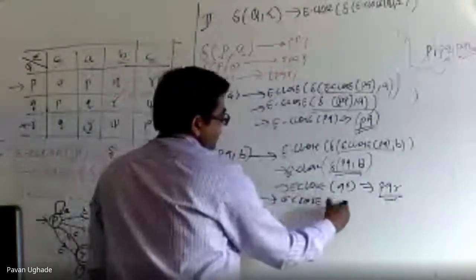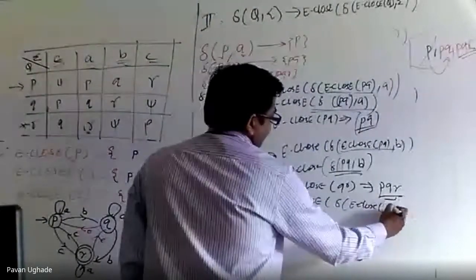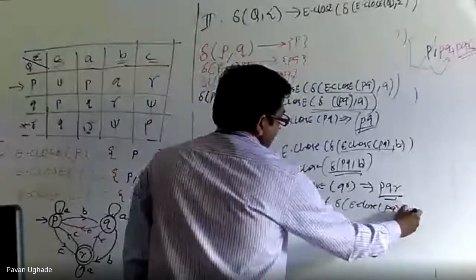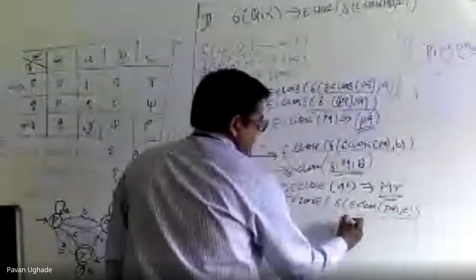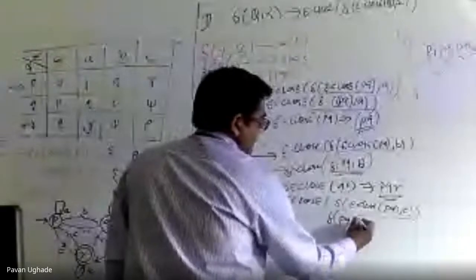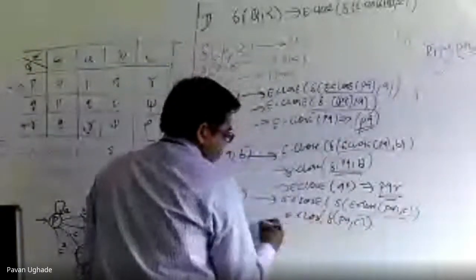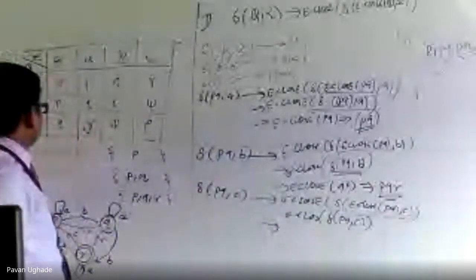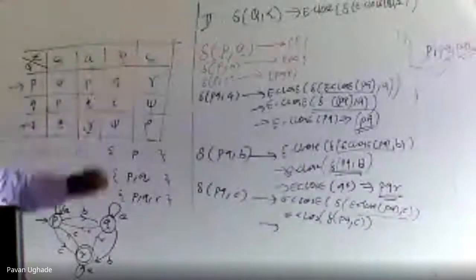Epsilon closure of transition function of epsilon closure of PQ, comma C. Epsilon closure of PQ is PQ, then transition function PQ over C. PQ over C, you are getting R and phi.